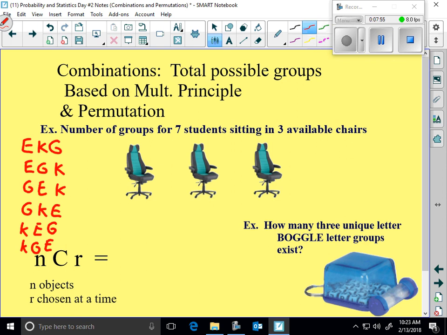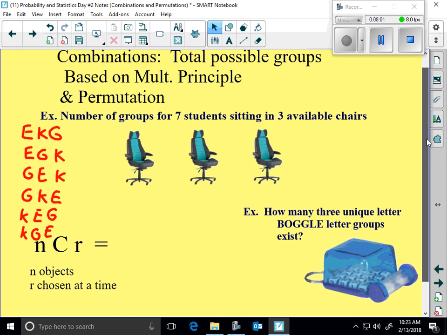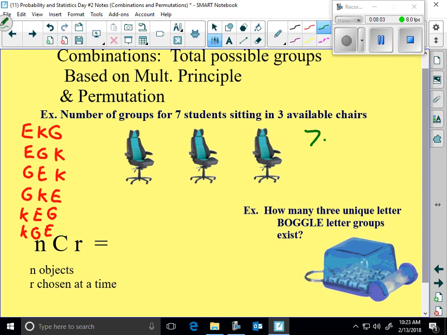Now that will happen with every group of 3 that's put in there. So really all I have to do is take what we knew before, 7 times 6 times 5, and divide it by, in this case, 6. Or, how could I write 6? It'd be 3 factorial.